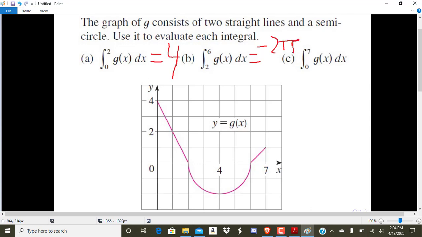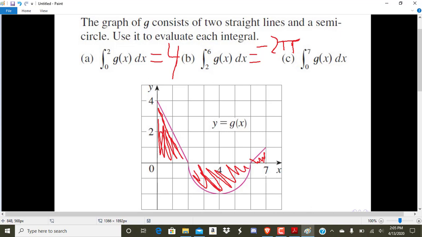Finally, we want to integrate g of x from 0 to 7. So in other words, we want this entire net area. So we're going to have the triangle over here, as well as the semicircle, as well as this tiny triangle.